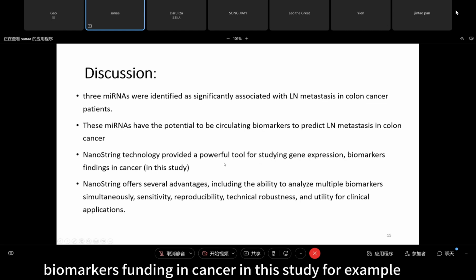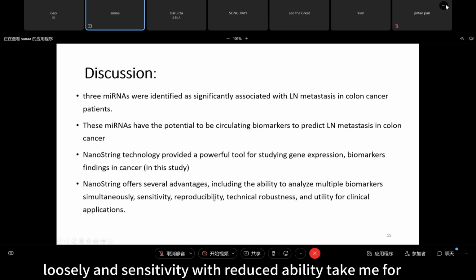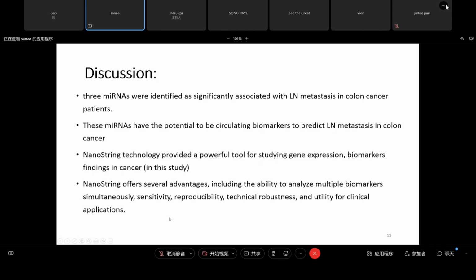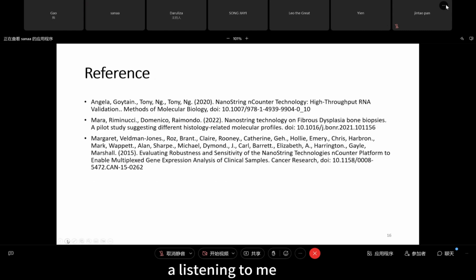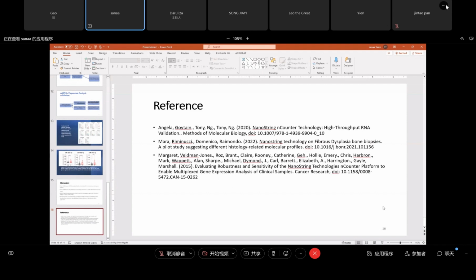In this study, for example, NanoString offers several advantages, including the ability to analyze multiple biomarkers simultaneously, sensitivity, reproducibility, technical robustness, and utility for clinical application. And this is my reference. It's not all included, but this is most of the references that I used to prepare my presentation. Thank you so much.